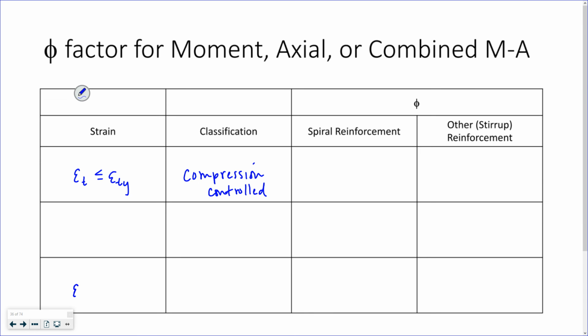If your strain is greater than or equal to your yield strain associated with that tensile reinforcement, that's why there's that T subscript, plus 0.003, then you're tension controlled.